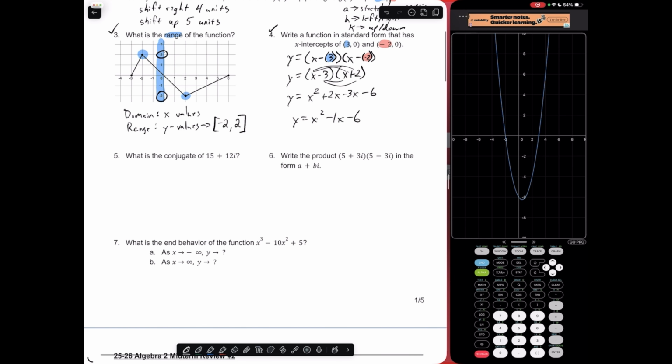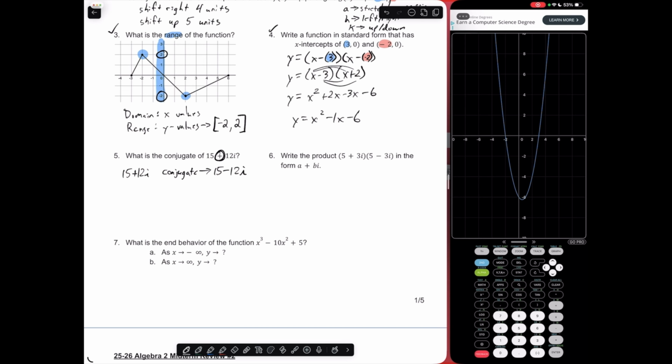Number 5, conjugates. We want to change the sign here. So if we have 15 plus 12i, the conjugate would be 15 minus 12i. Let me rewrite that so you can see that a bit better. 15 plus 12i.